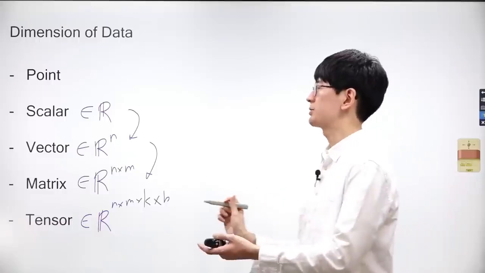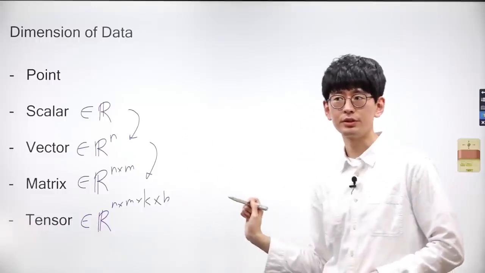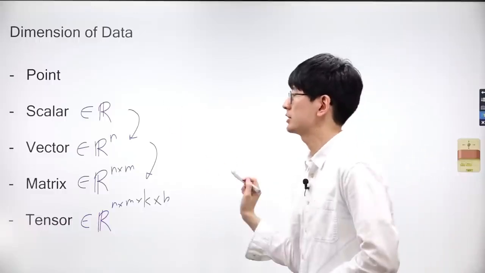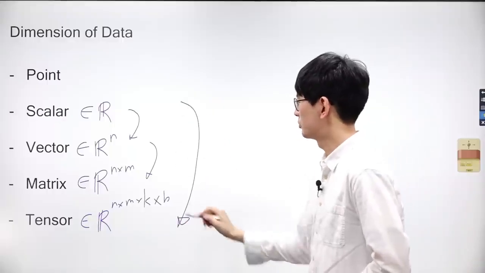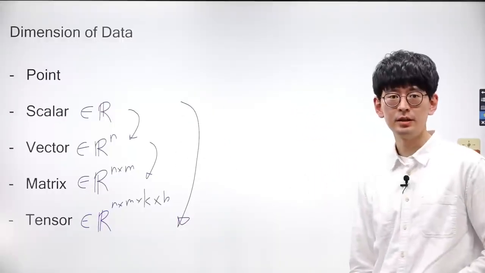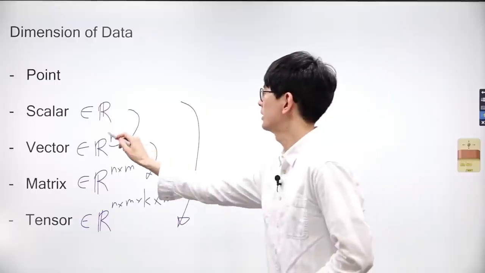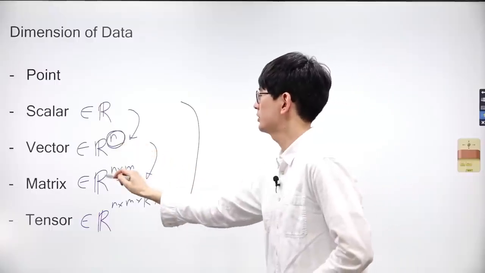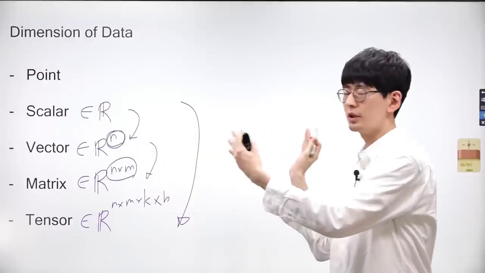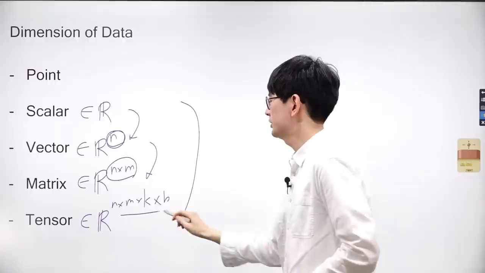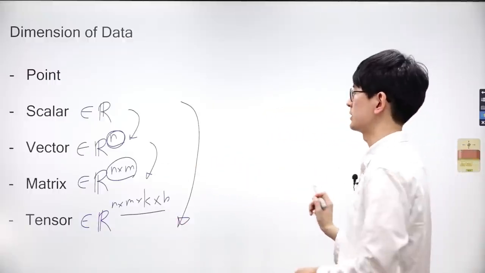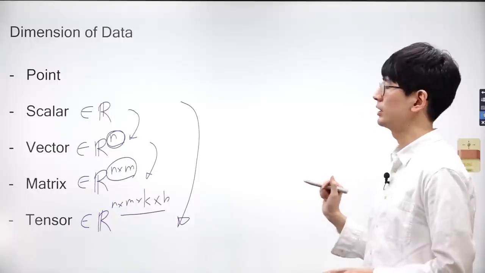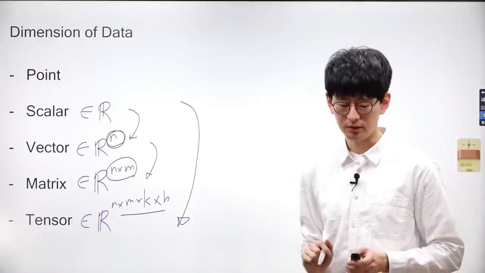That's why the earlier explanation of dimensions, like scalar is one-dimensional and vectors are two-dimensional, is not accurate. They were just to show the increase in dimensions. Scalars are just a single element while vectors have length. Matrices have length and width, and tensors have length, width, and even depth. Please remember the meanings of dimensions and how we can describe them.